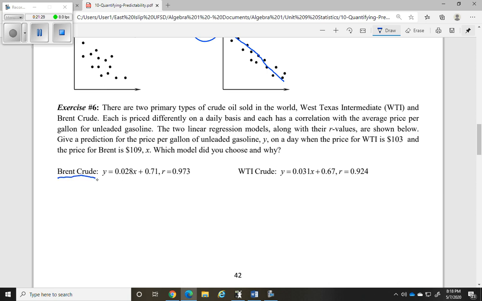So Brent crude oil has this linear equation, whose R value is this, while WTI has this linear regression, whose R value is that. So this R value is a bit weaker than this one. They're both pretty strong, though, if you ask me.